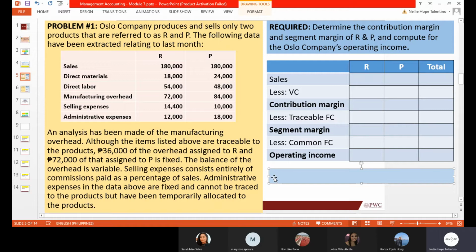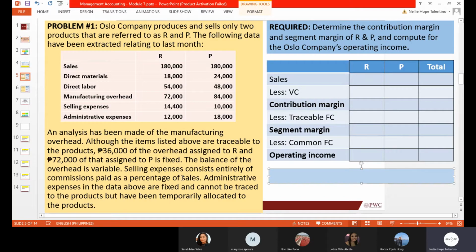Paano kaya yan i-compute? Kasi pwedeng itanong din yun sa problem. Hindi binigay kung ilang percent. That's what I want you to solve. Kasi binigay yung amount, binigay yung selling expense, binigay din ang sales. So what is the percentage?